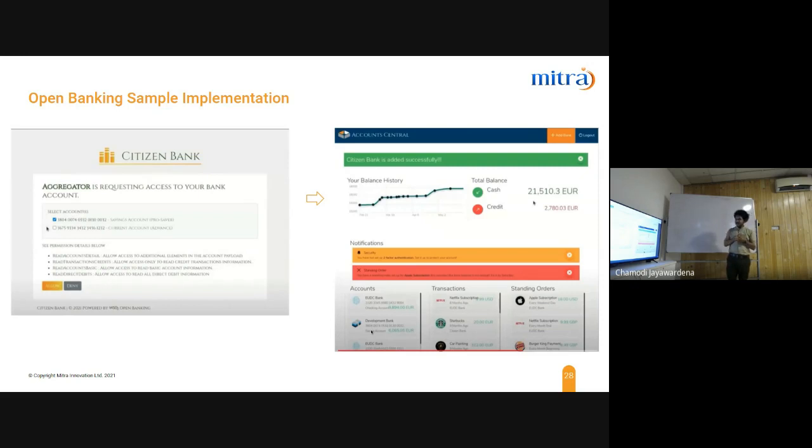After he gives consent, the bank sends a token to the third-party provider, who uses that token to get the account information from the bank and show it in its dashboard. That is mentioned on the right-hand side. This is a typical sample application that I have taken from the WSO2 site. It depicts how this entire flow goes.